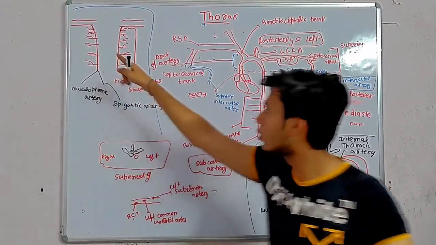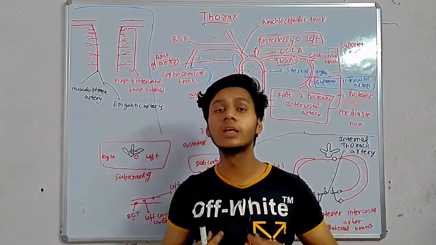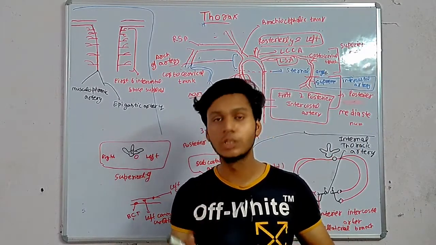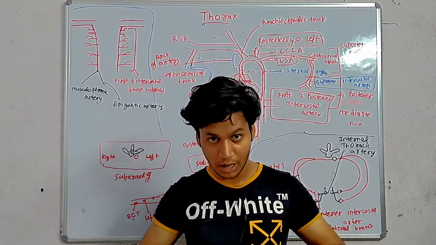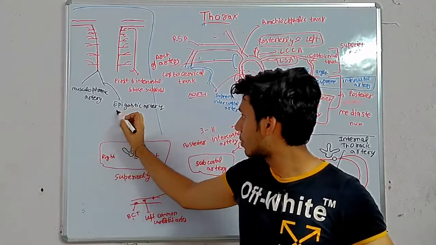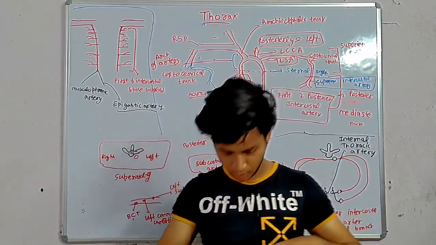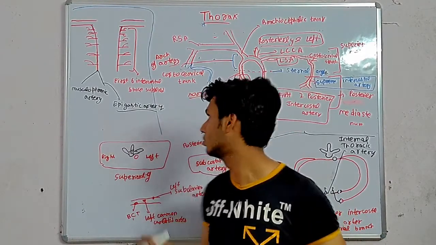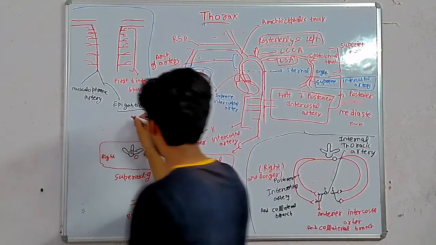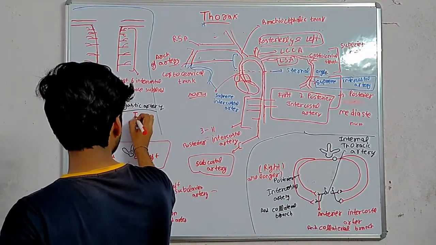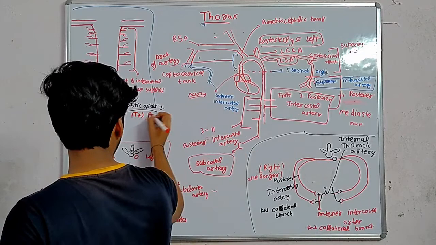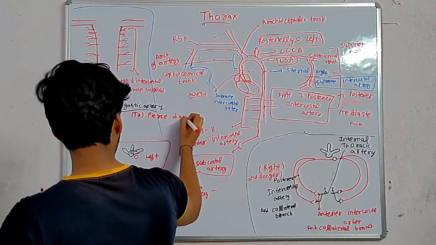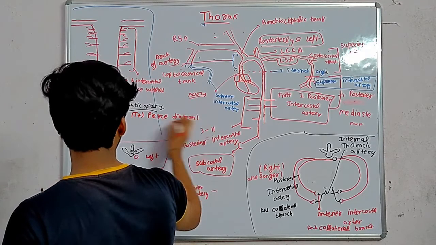The internal thoracic artery runs anteriorly in the chest, just posterior to the sternum. The epigastric artery pierces the diaphragm at the T7 segment and goes into the abdomen. So its role is finished.